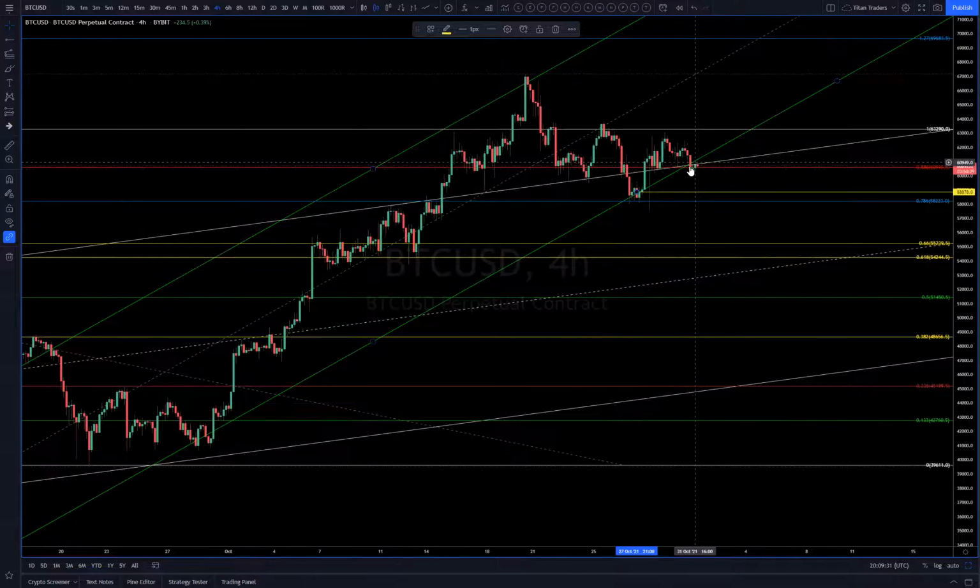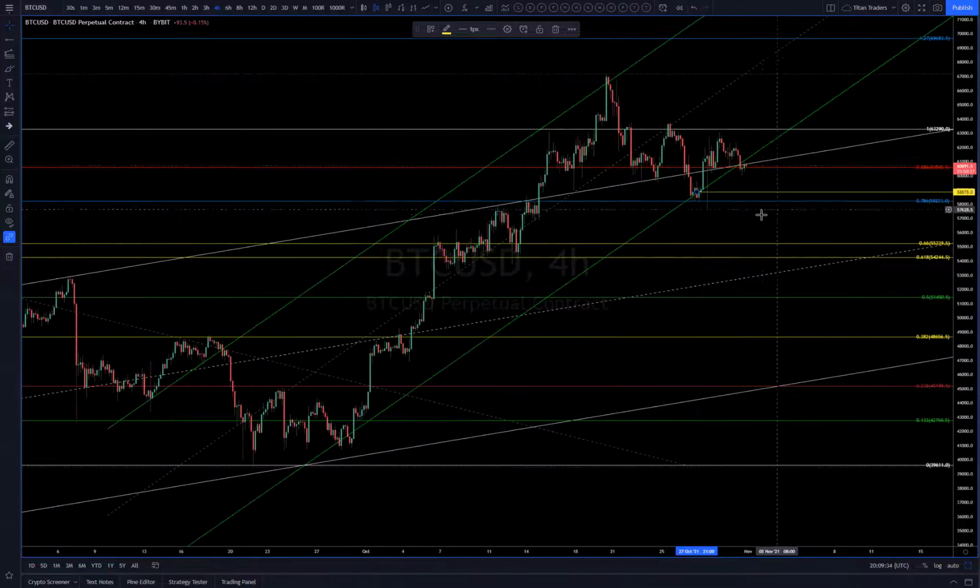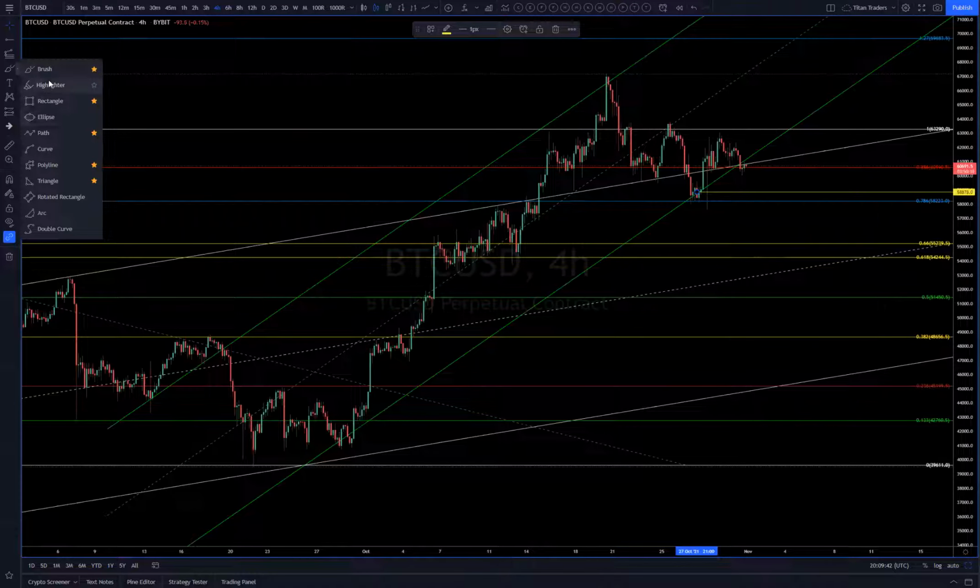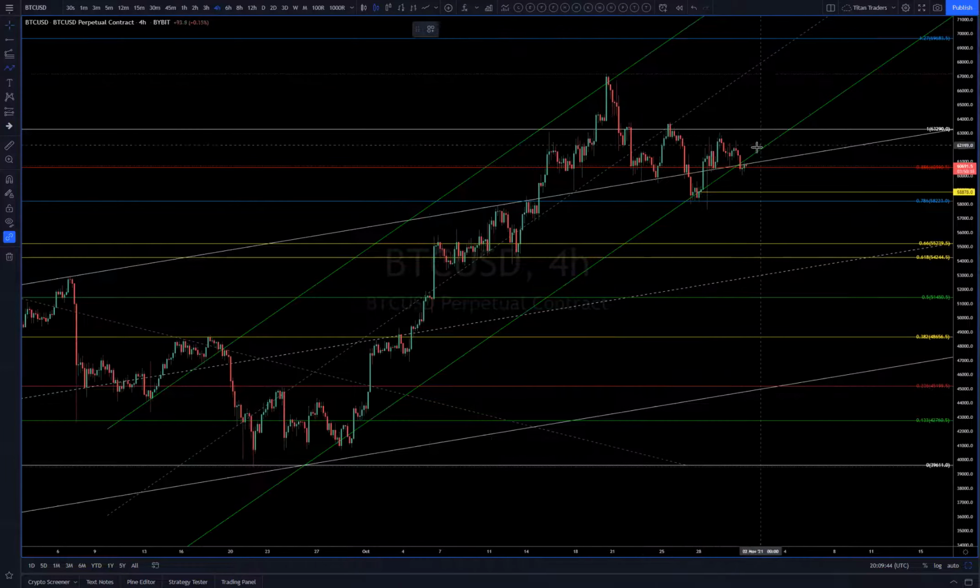But at that point in time, if it does lose that level, what you also need to understand is, yes, it could bounce, but the setup that I have for it to break and go up becomes invalidated.